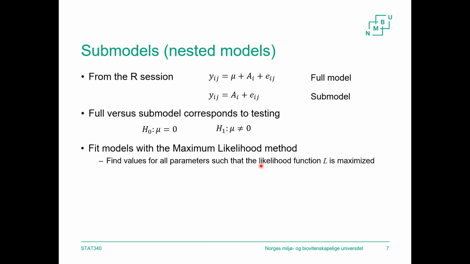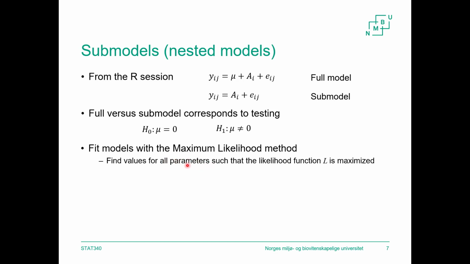So fitting a model with maximum likelihood means we have a likelihood function and we search for parameter values such that this function has its maximum. Think of it as finding the top of the mountain. So this L function describes the shape of the mountain, and the different locations are the different parameter settings.